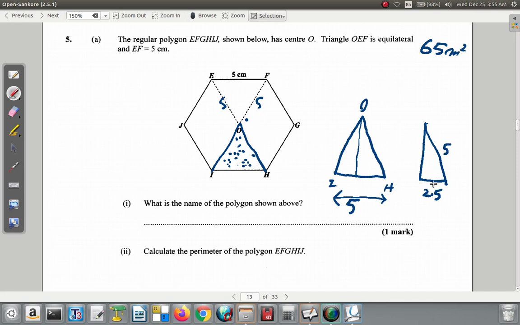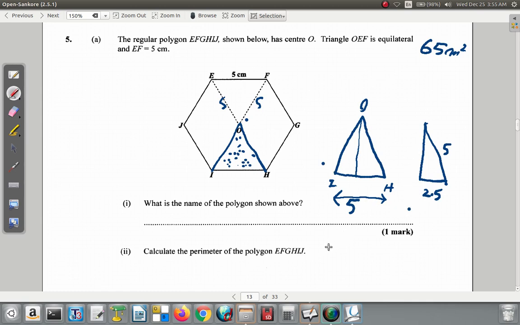Alright, now I want the vertical height. This is just one method of doing it, which you might have been familiar with before. Now you could use Pythagoras theorem to find this height.